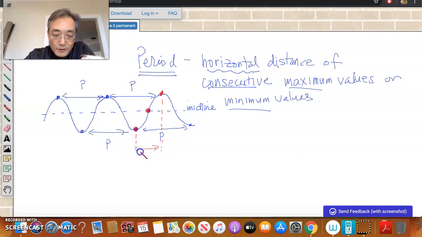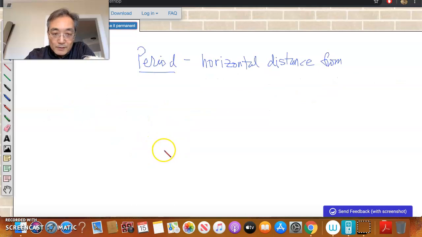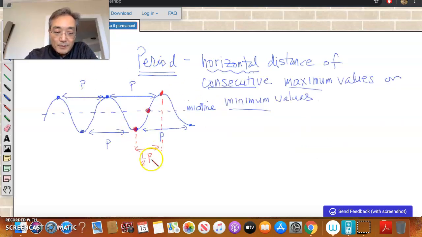This distance is half of a full period, correct? So from minimum to max, and I just lost it again. Okay, we just got it back. So from minimum to maximum is going to be half a period.